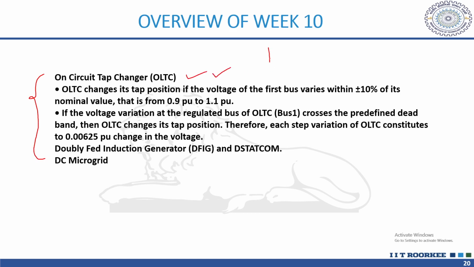Firstly is the OLTC. If you consider a microgrid like this, the OLTC is at the substation. Since it is a radial system, the voltage at this substation determines the voltage throughout this microgrid.